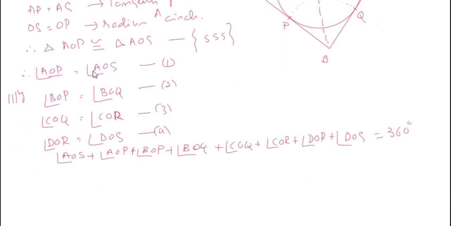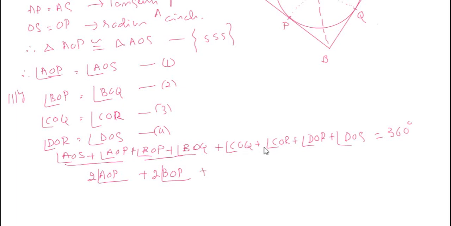Now AOP equal to AOS, so this one I will write as 2 angle AOP. BOP and BOQ, they are equal, so I will write this together as plus 2 BOP.